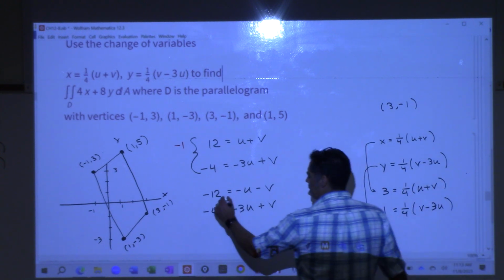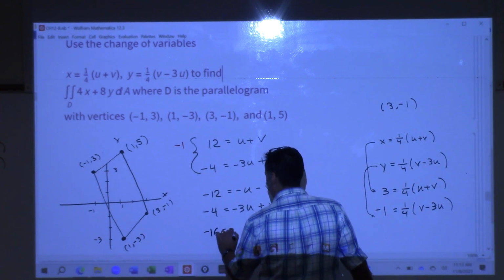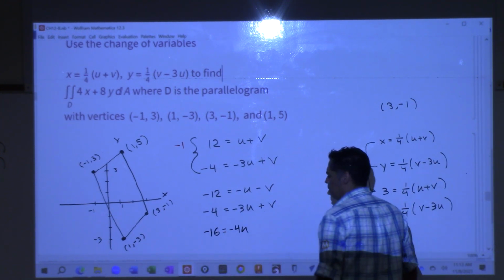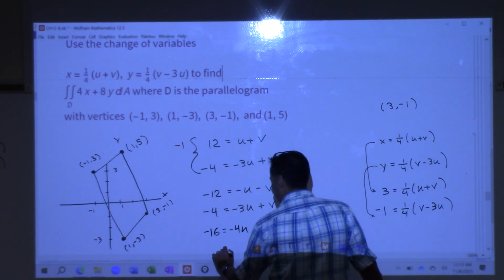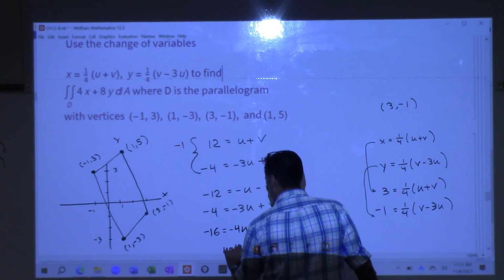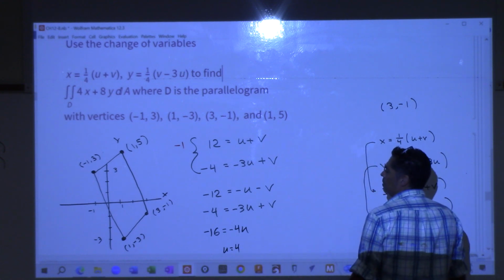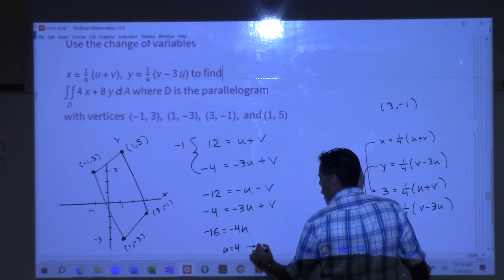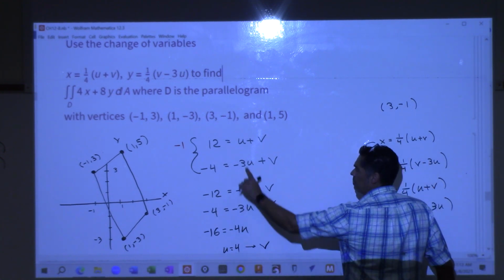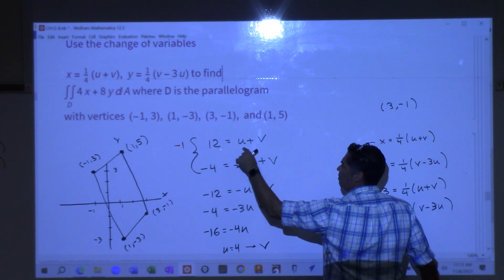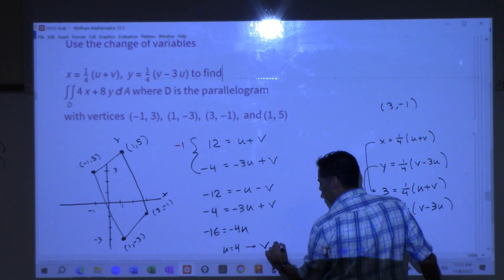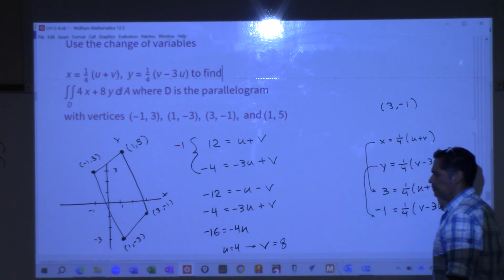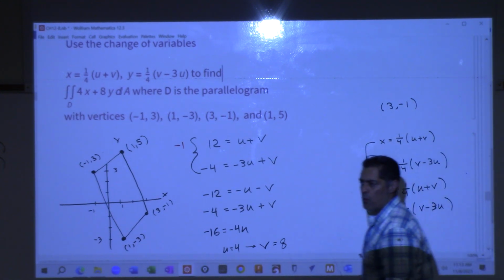So what are we getting here? -16 equals -4u. So u is 4? U is 4, and what is v? V is something different this time. So u is 4, subtract 4 on both sides here. 8. V is 8. So 4, 8.